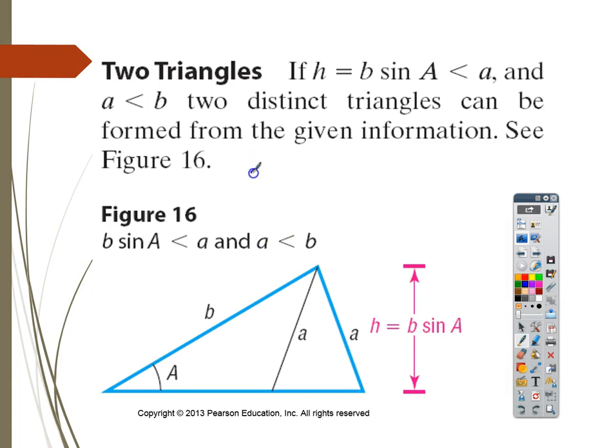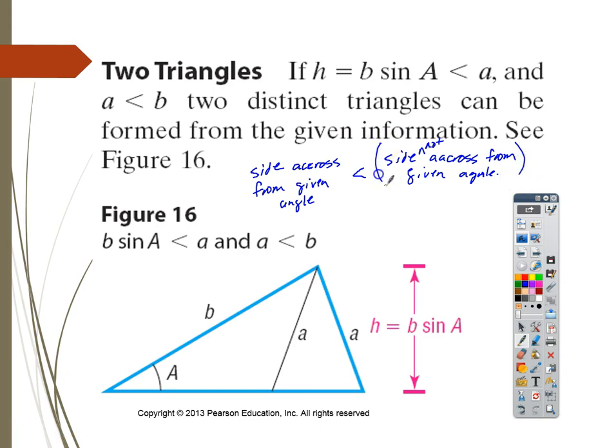A means the side across from the given angle is less than the side not across from the given angle. That one you just have to memorize. These cases you have to kind of memorize.